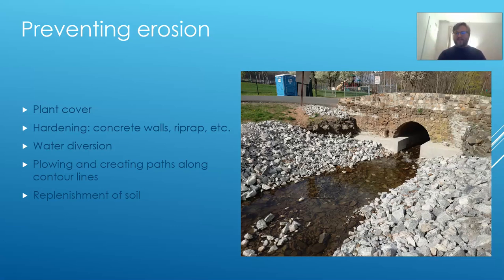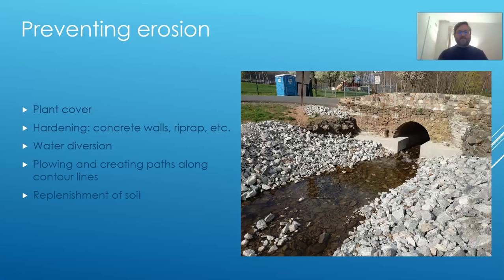So when you see the bank of a stream or another hillside that is covered in these big broken chunks of stone, that's something that has been put there deliberately to try to inhibit erosion, because those big chunks of stone aren't going to erode as easily as just soil would. So that riprap is stabilizing that hill slope and inhibiting erosion there.